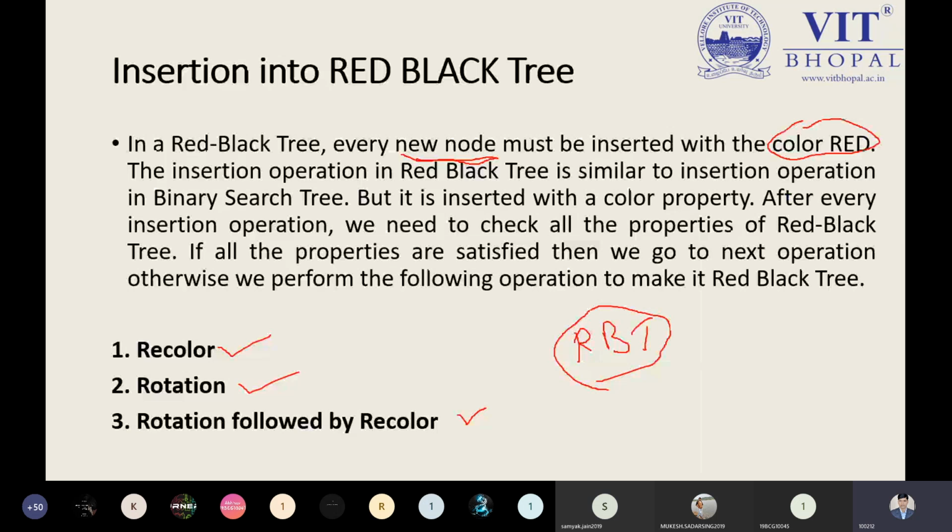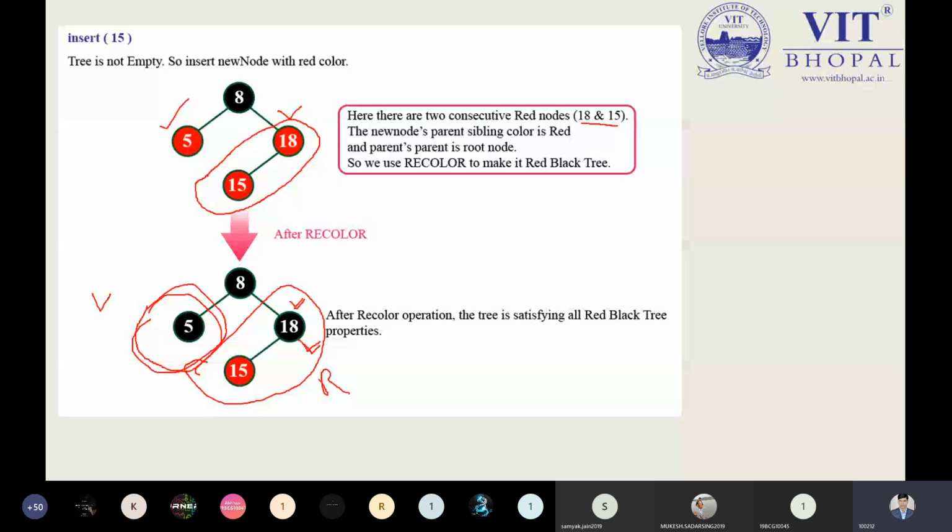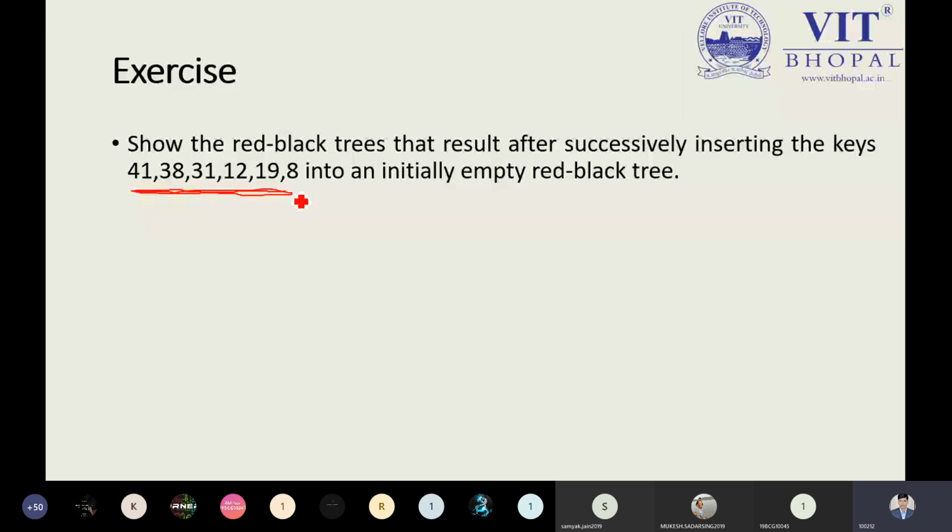Okay, sir. Now I am giving an exercise to all with these 6 elements. Please go through these 6 elements and let me know the answer. Initially the red black tree is empty, so the first element, 41, will be your root node, and that will be the black color. Use your register copy.